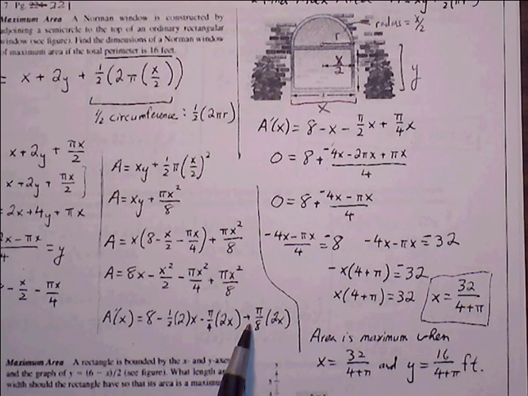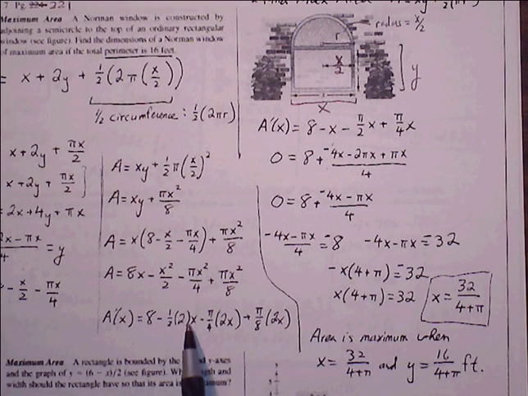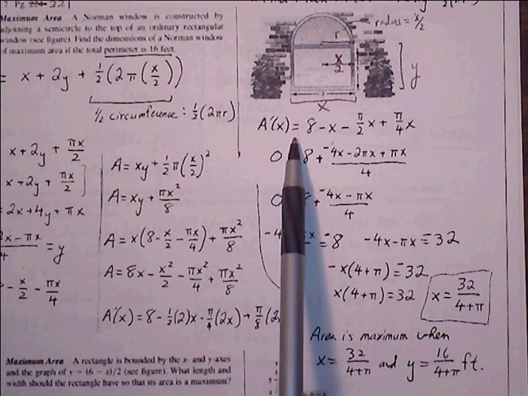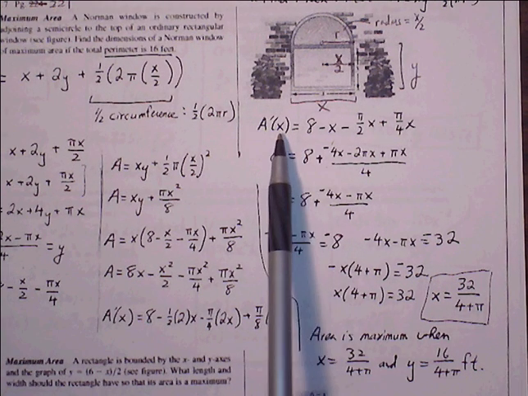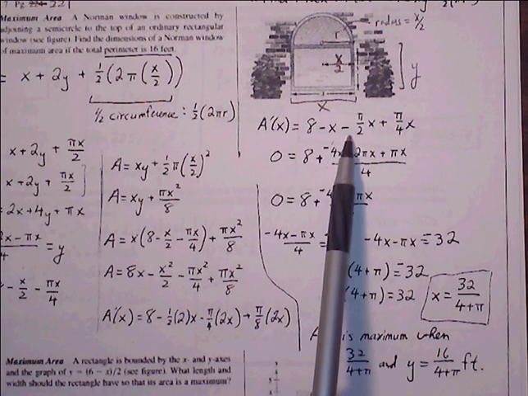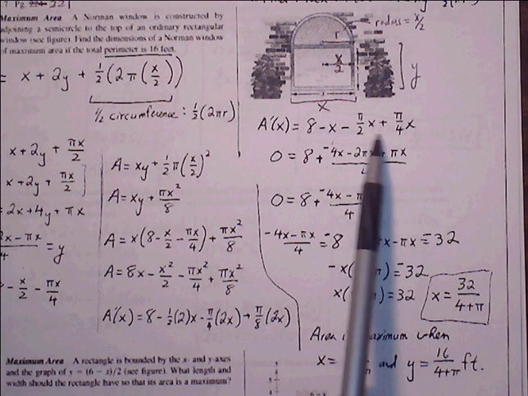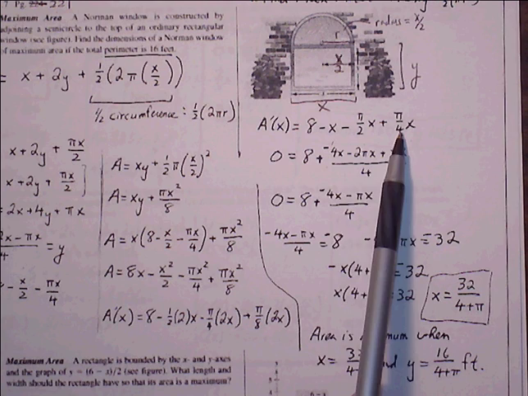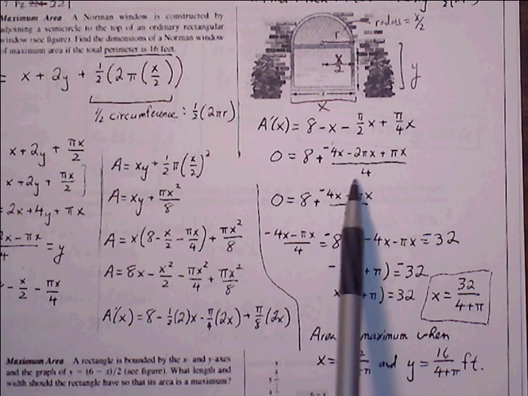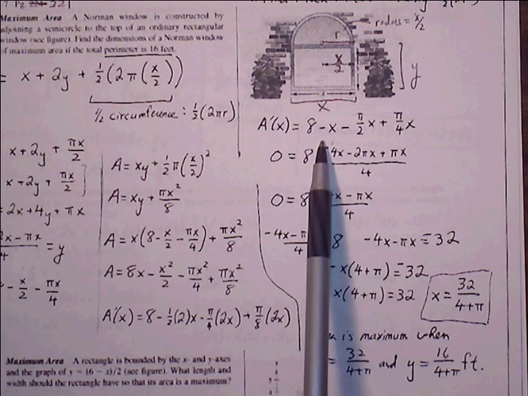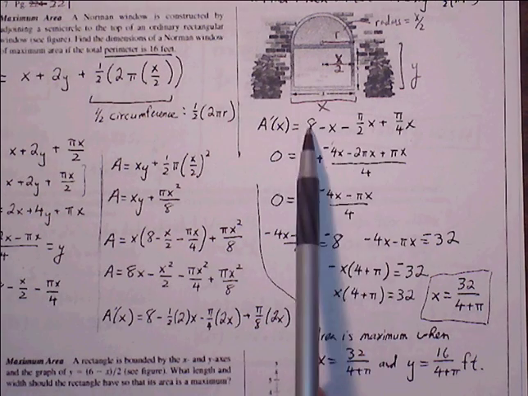And now it's just a matter of algebraically trying to clean all this up. So I found a common denominator here between two. Let's see. If I simplify the 8 a little bit more, so 8 minus x minus pi over 2x plus pi over 4x. If I find a common denominator here, which is going to be all over 4, another way that I can do this, I can just multiply everything through by 4.